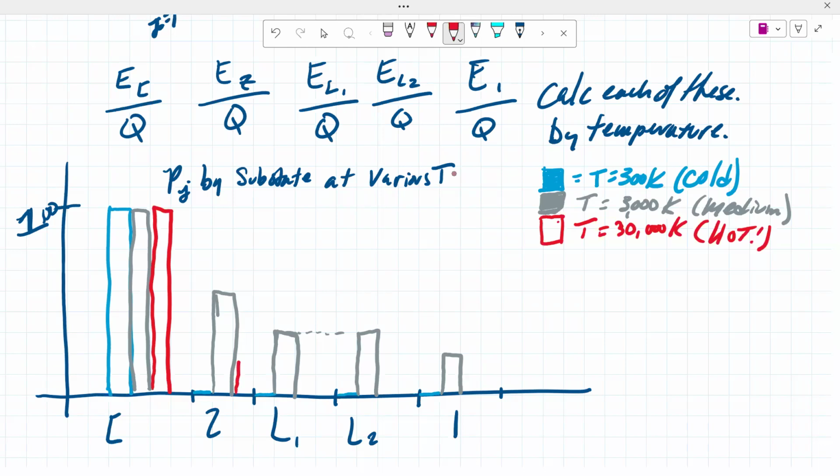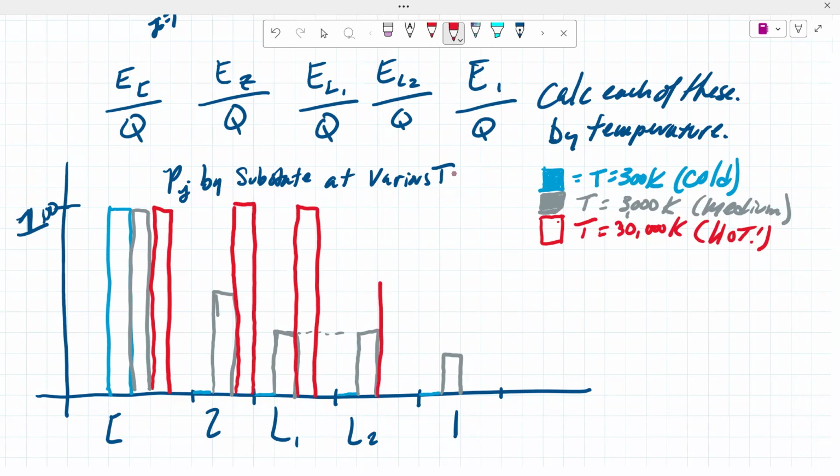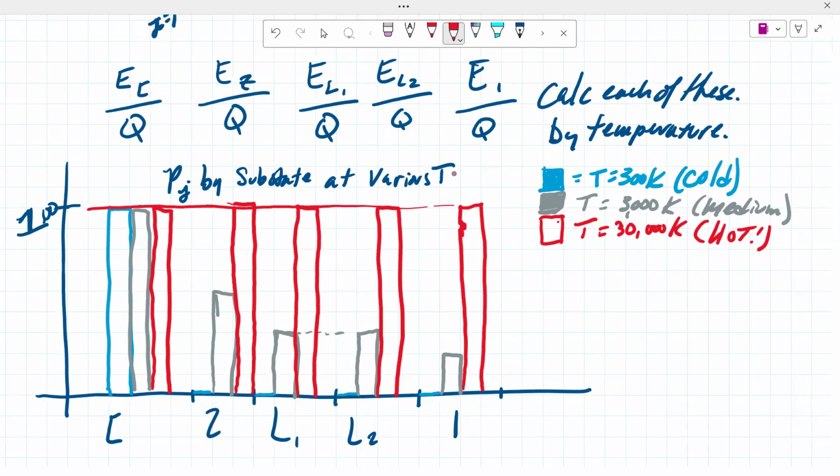But what happens is the other ones grow in, and they're all about the same. So this has some very interesting implications. These are all the same, connected together, all the same at one.